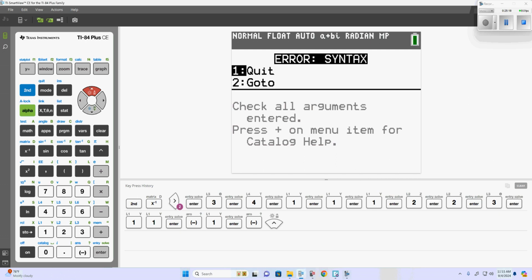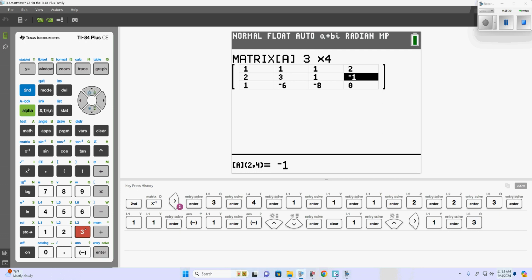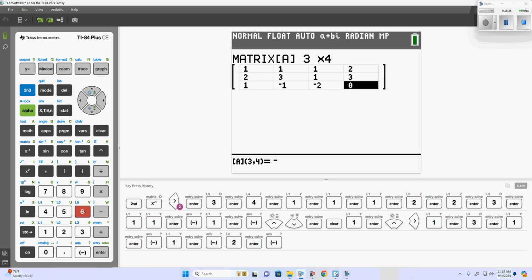I got off. And go to clear, because that should be 1. Yep. So it's 2, 3, 1, 3, 1, -1, -2, -6.